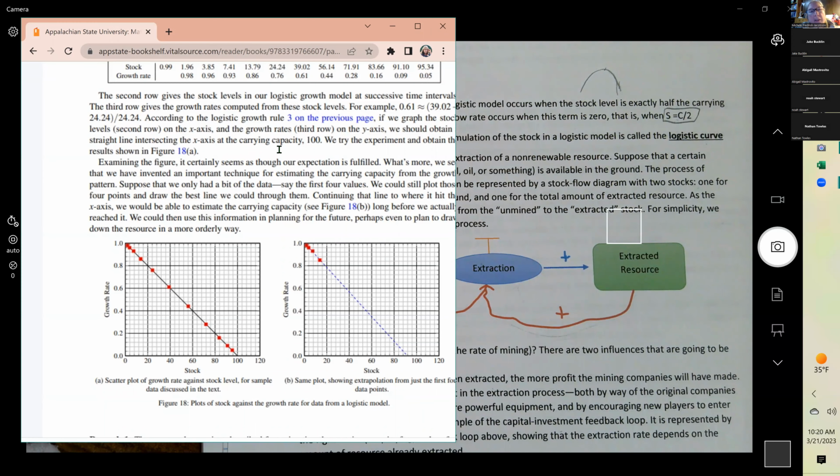These graphs, they're having you use a formula to find the equation.